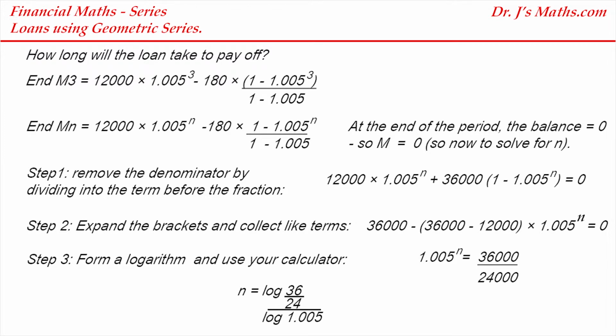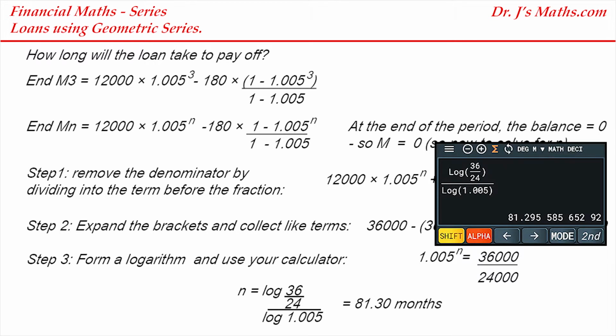Then taking the logs and also using our change of base formula straight away, we have n is equal to log 36 over 24, don't worry about the thousands, over log 1.005, which converts to 81.30 months, which is 6 years and 10 months by the time India's repayments have been finished.